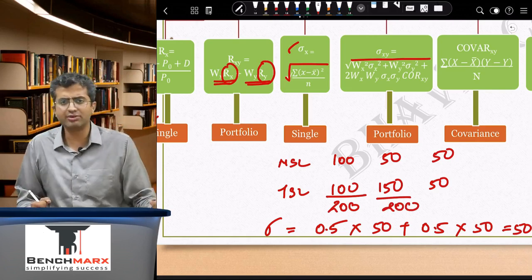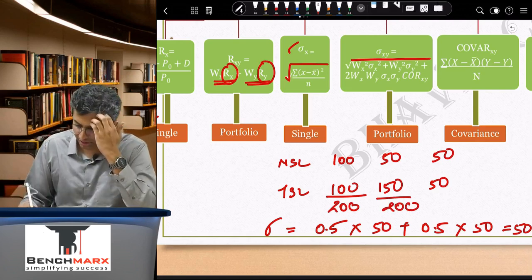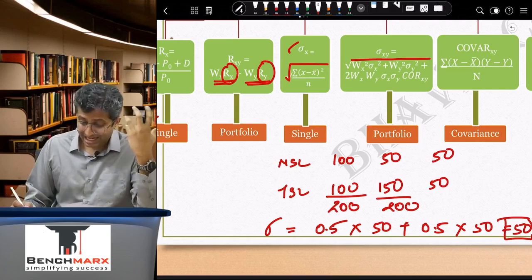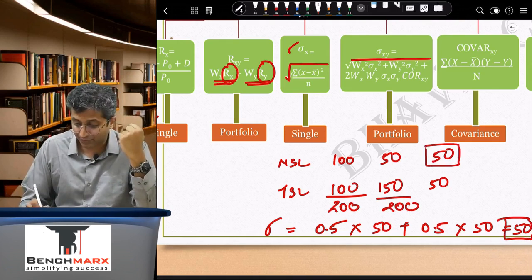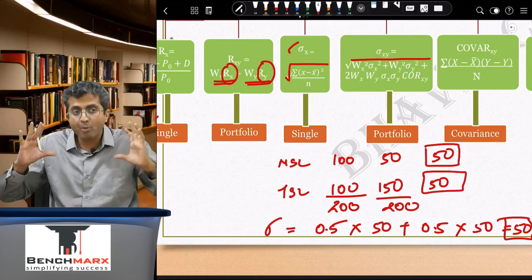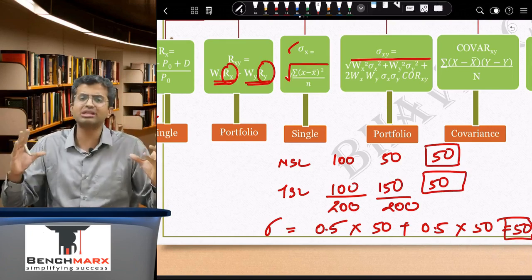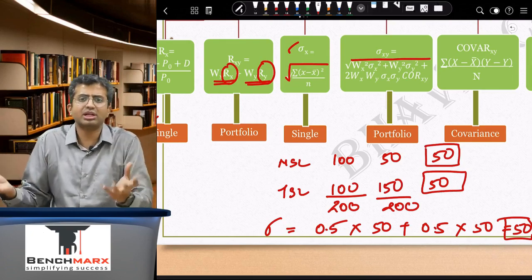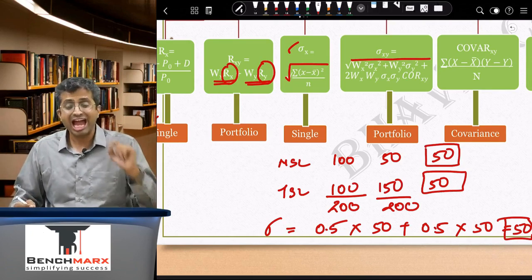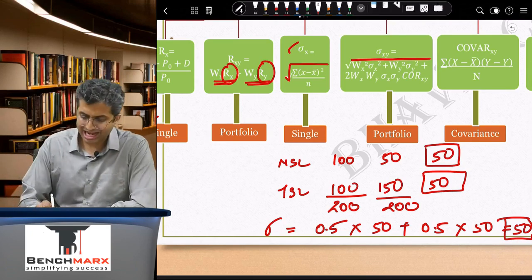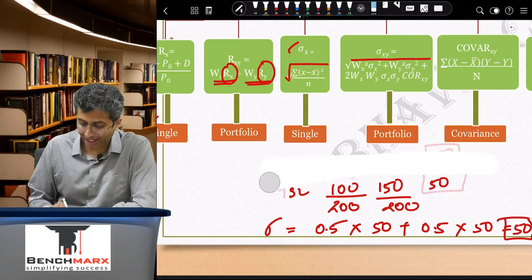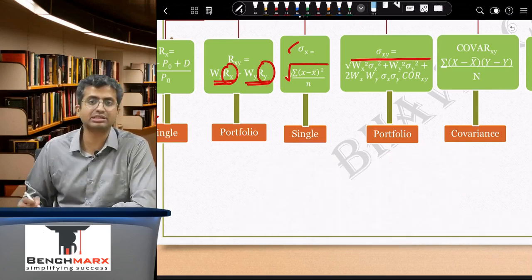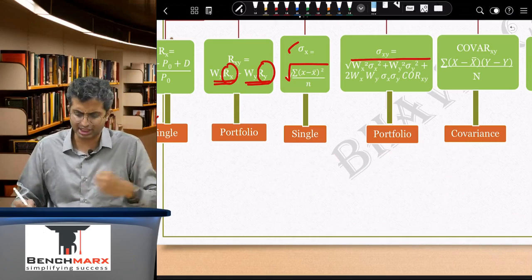So if there is no deviation, then why is my standard deviation for the portfolio coming as 50? It is because I'm assuming that 50 and 50 are both deviations in the same direction, because the standard deviation is assumed to be positive, and that is the drawback. And hence we need to factor in something called correlation or covariance, as the case may be.